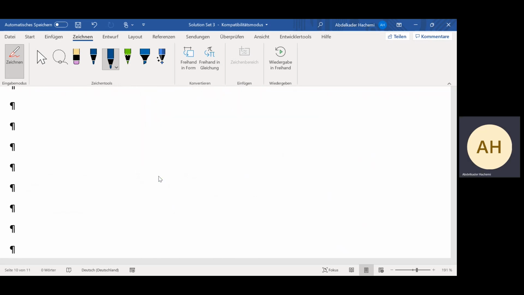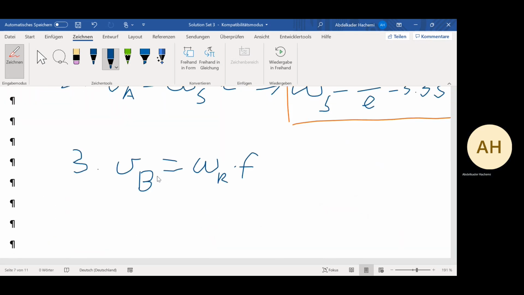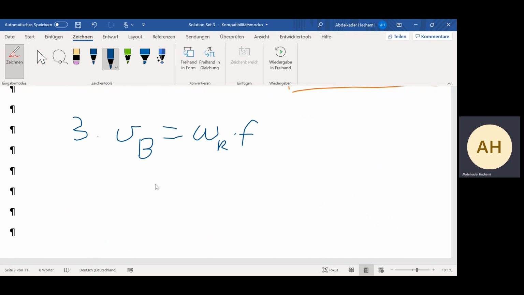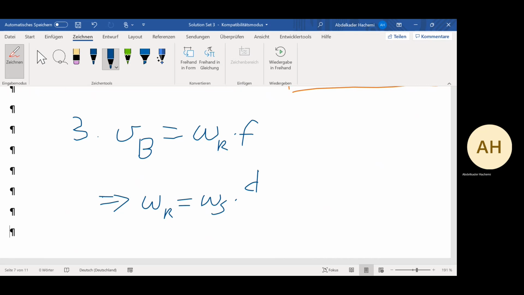Then we can get now omega r, it's equal to omega s multiplied by d divided by f.